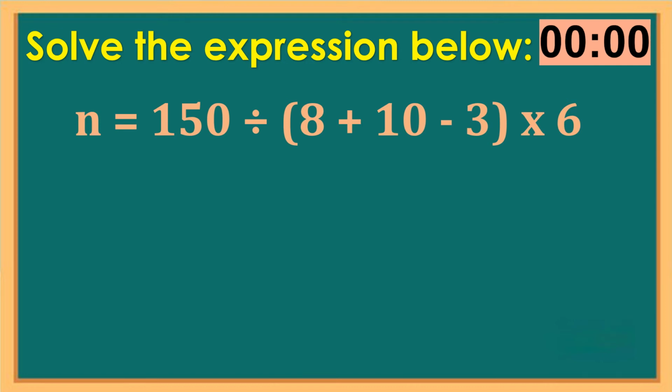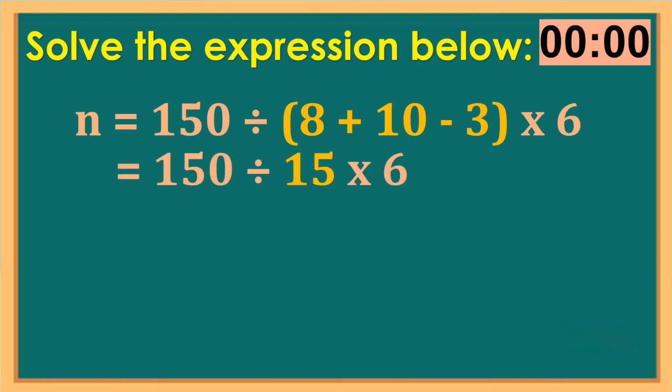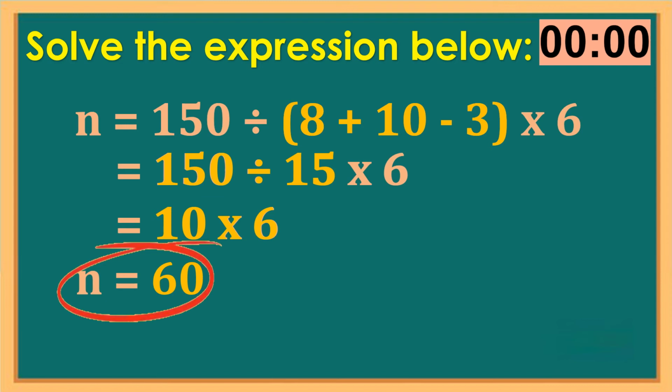We will solve the ones inside the parentheses. 8 plus 10 minus 3 equals 15. Then division, because PEMDAS says parentheses, multiplication, division, addition, subtraction. But if there are only division and multiplication left, we should solve from left to right. So 150 divided by 15 is 10. Then 10 times 6 is 60. The answer is n equals 60.